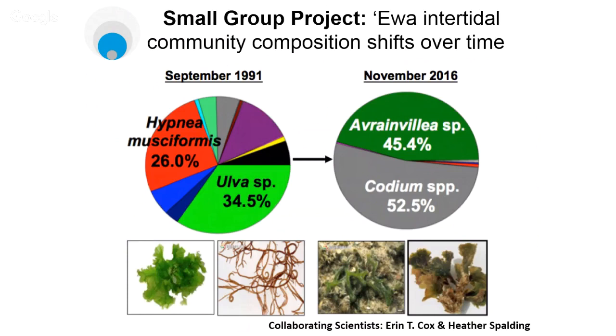If you look at the pie chart on the left, each one of those colors represents a different algal species. And you can see that there was a lot of diversity out there. Now we did the same exact protocol, same exact place, and you see that leather mudweed, or Avrainvillea, as Lindsay was saying before, has taken over that spot. So Lindsay's maps hopefully will help us know where the Avrainvillea is going to take over next.